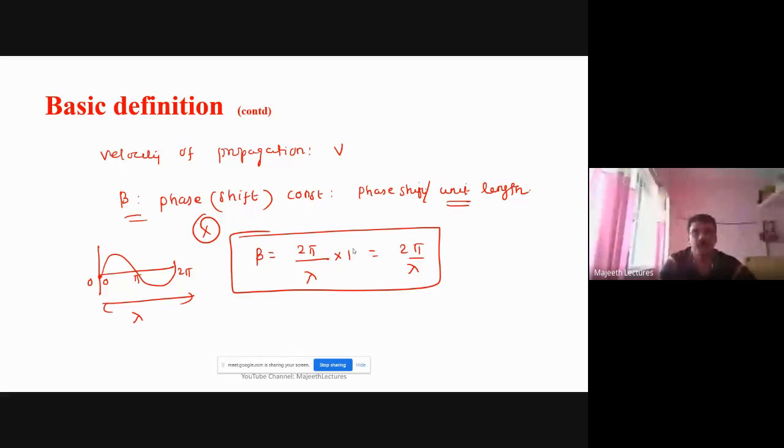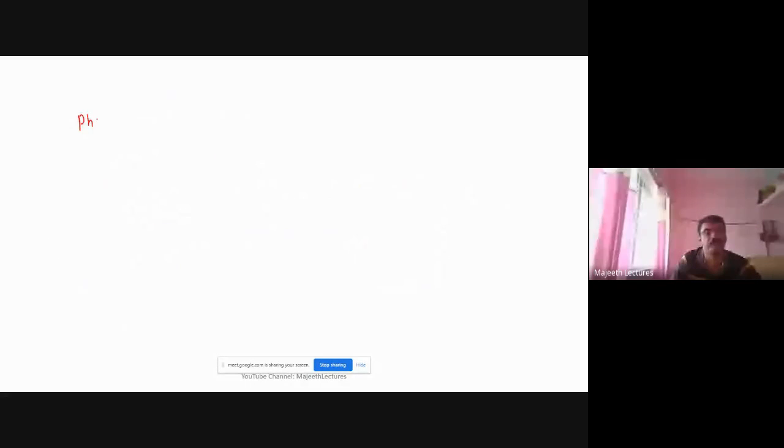That is what is known as phase shift constant or phase constant. And the next one is phase velocity. Phase velocity is nothing but the velocity of the EM wave, right?